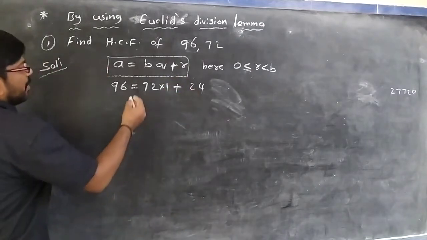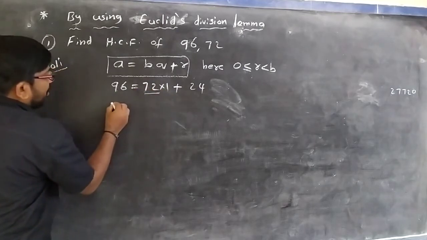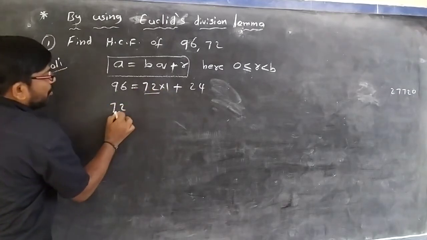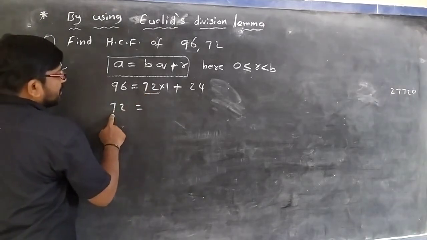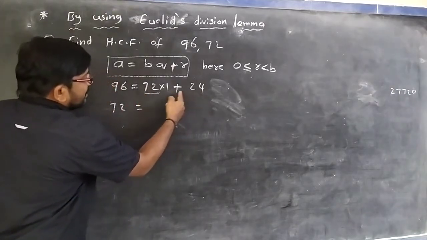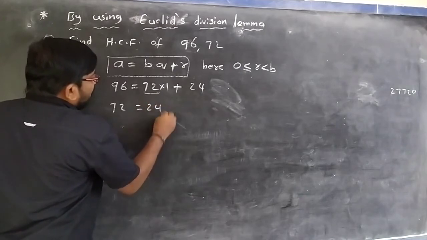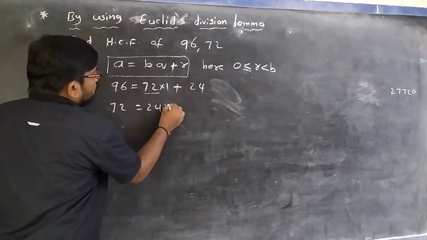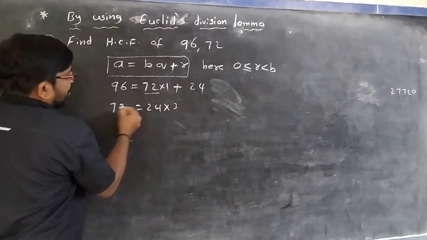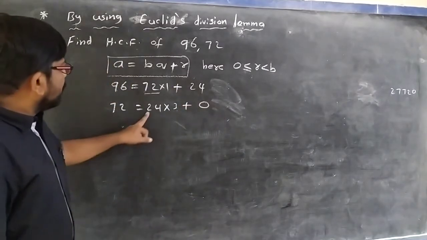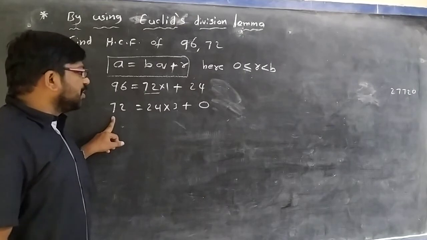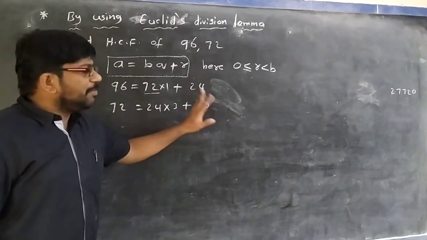See, next take 72 as the dividend. 72 can be written, in the next step, with 24 taken as the divisor: 24 into 3. 24 3s are 72 plus remainder 0.